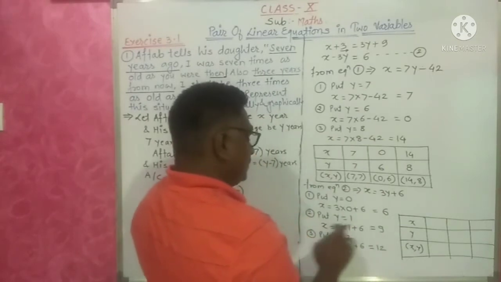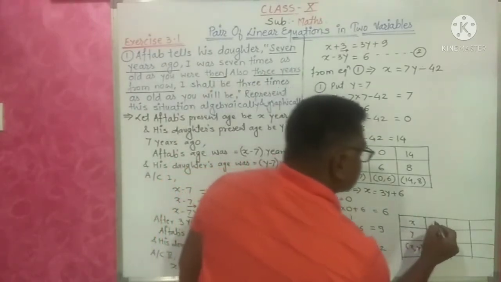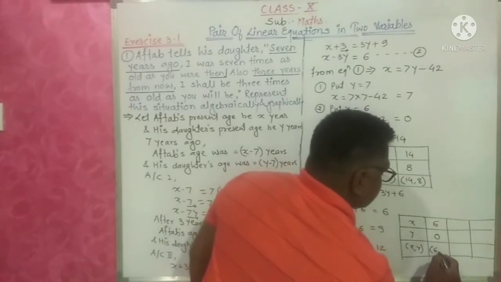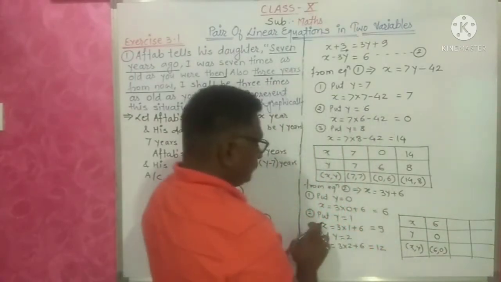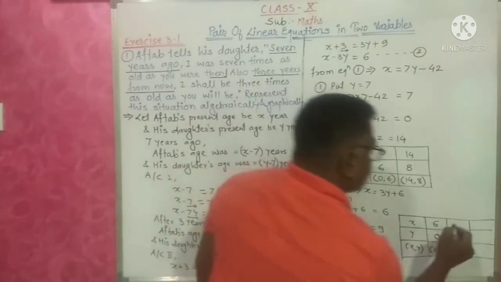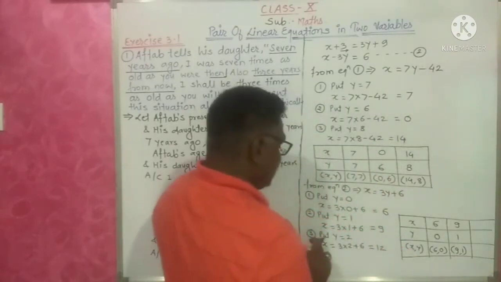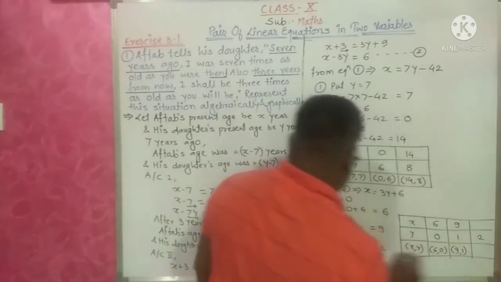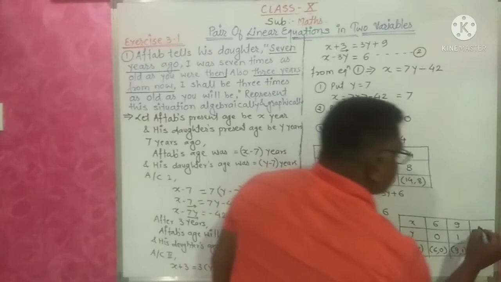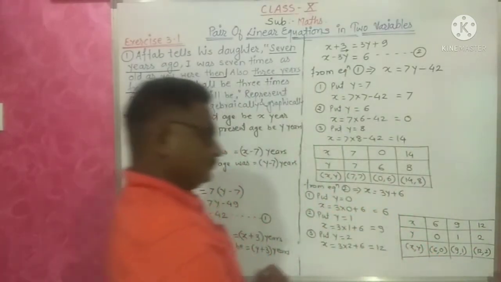First y equals to 0. So x value what we got? 6. 6 comma 0. Here y equals to 1. So x value is 9. 9 comma 1. Then y equals to 2. X value is 12. 12 comma 2.